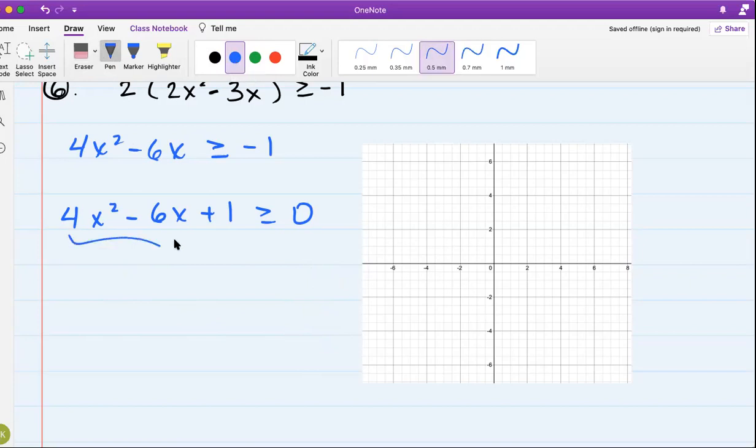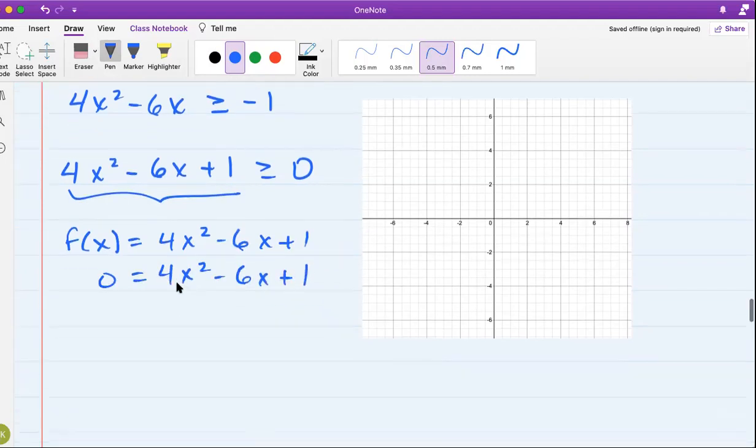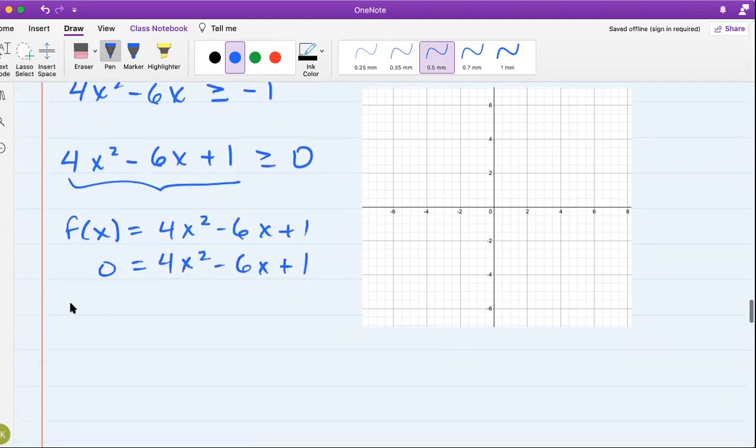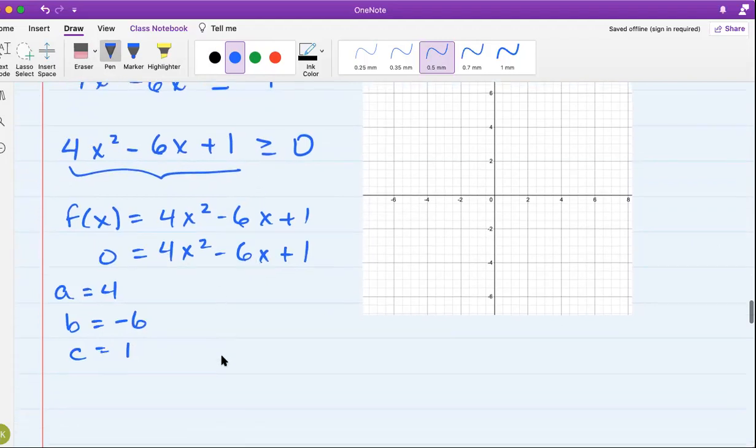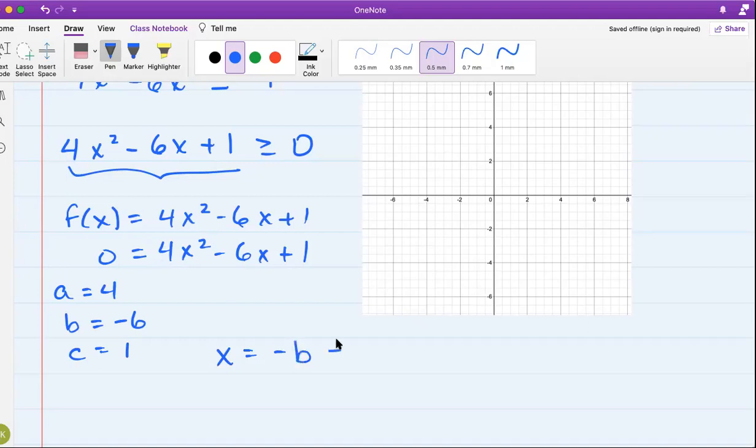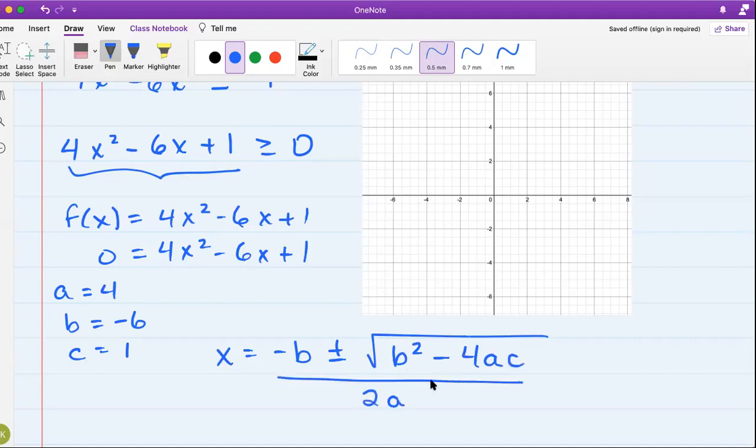So this is our function that we're paying attention to. To find the x-intercepts, we set it equal to 0. Notice that this is in the form ax squared plus bx plus c, where a is 4, b is -6, and c is 1. The quadratic formula says solutions to this is x is equal to -b plus minus square root b squared minus 4ac, all divided by 2 times a.